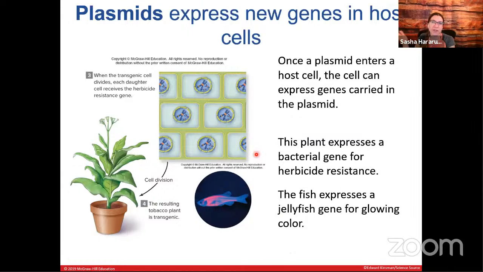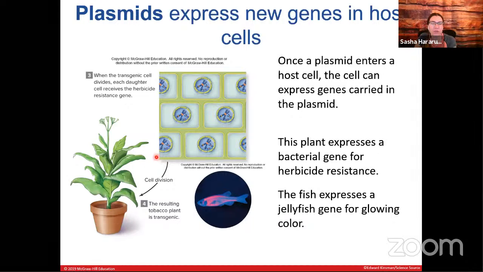Once the plasmid enters the host cell, the cell can express genes carried in the plasmid, like herbicide resistance. This plant expresses a bacterial gene for herbicide resistance, and this fish expresses a jellyfish gene for glowing color. Fish do not naturally glow. This fish was genetically engineered with a gene from a jellyfish to glow in the dark.